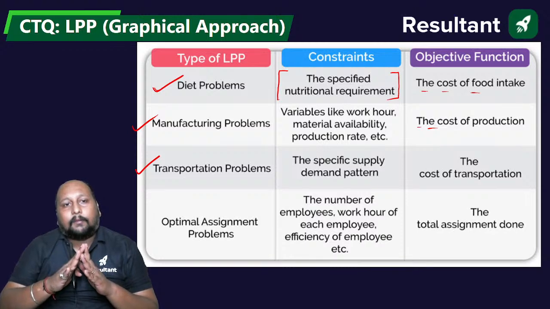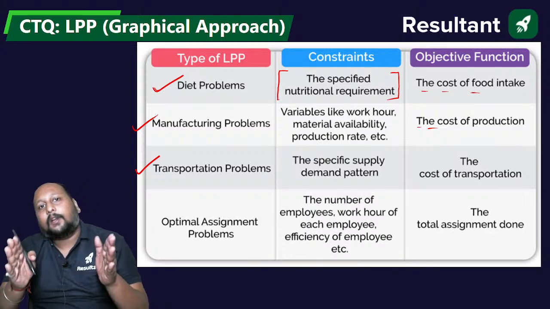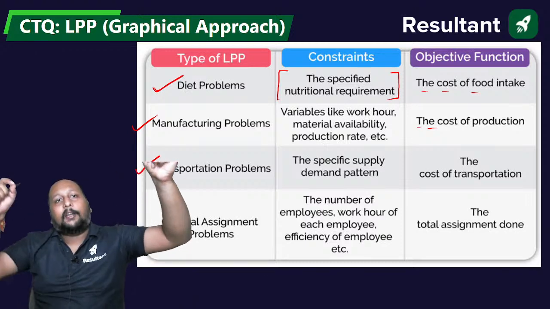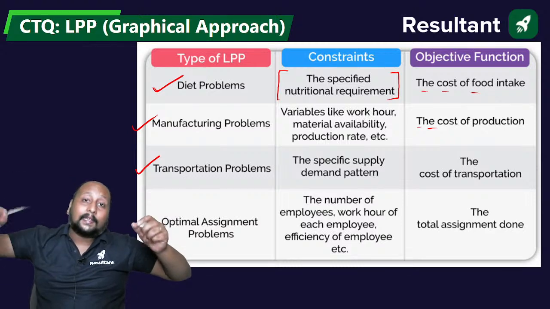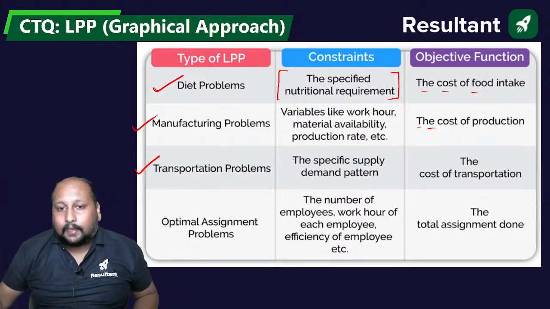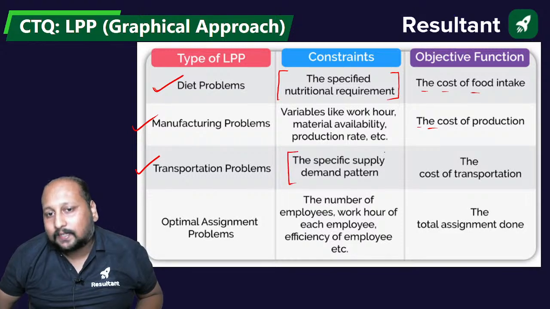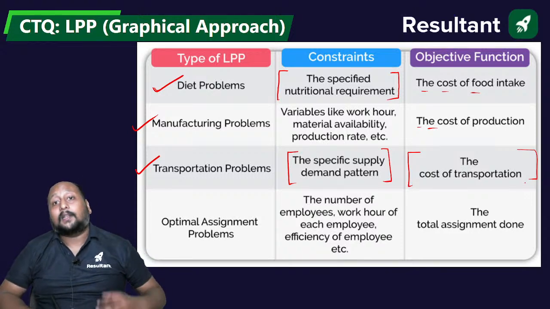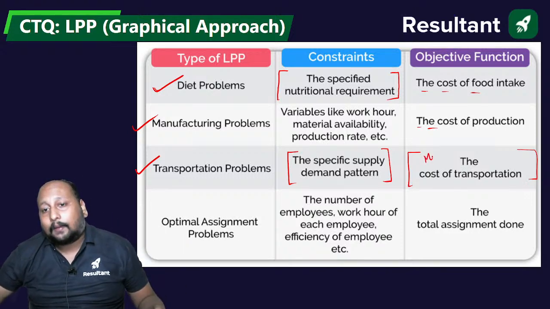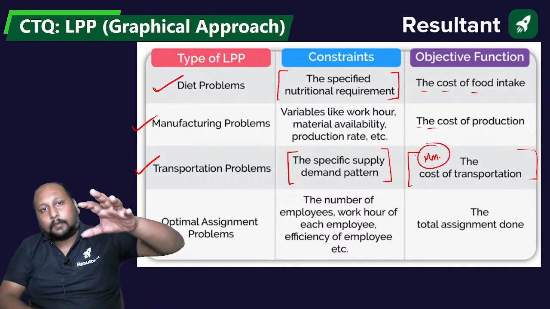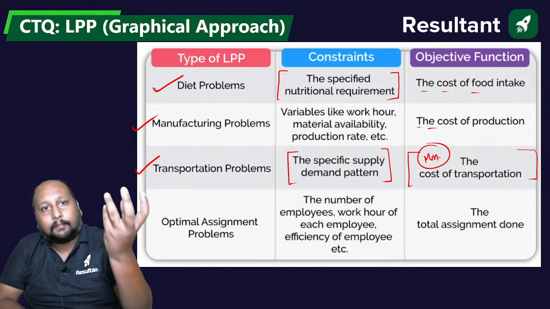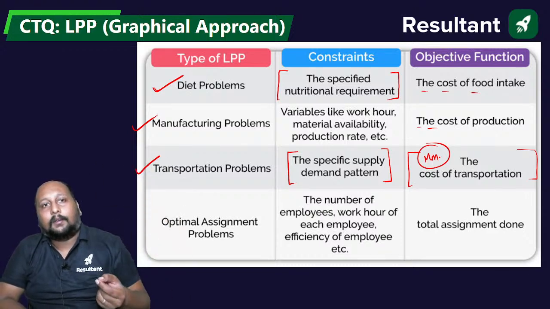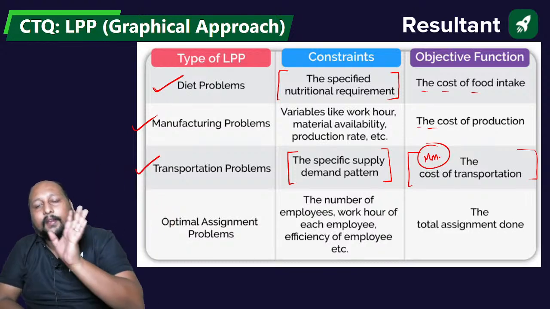Basically, in a transportation problem, if I want to go from point A to point B, what is the best possible way so that I can optimize the resources and the cost is minimum? When we have a specific supply demand pattern, the main objective is the cost of transportation. That means, at minimum cost, am I able to provide the desired amount of demand, supplied from the different workstations or factories to the different warehouses?